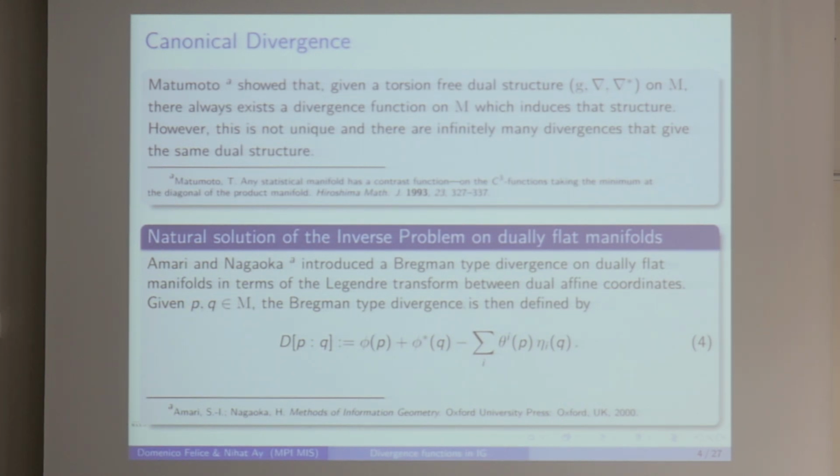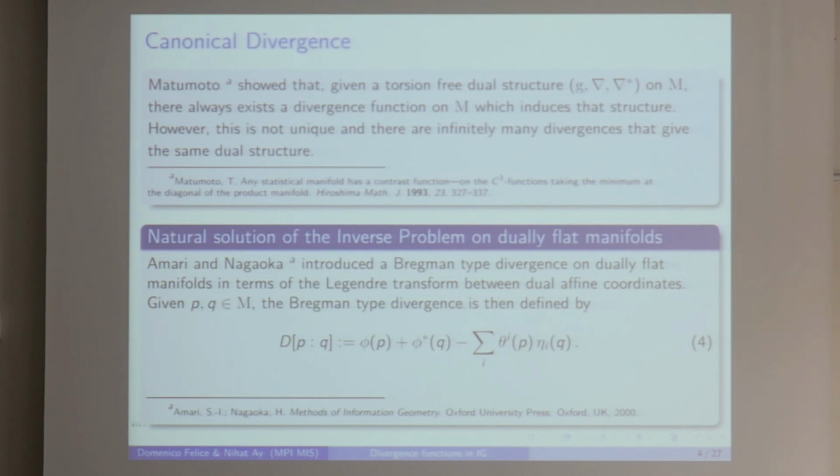The aim of this work is to define a canonical divergence, a divergence that we can call canonical in some sense. Our reference is the divergence introduced by Amari and Nagaoka on dually flat manifolds.